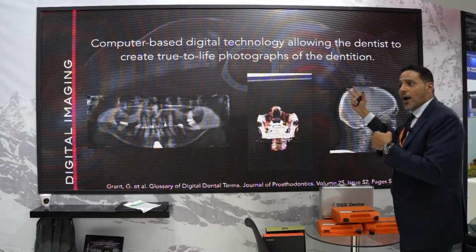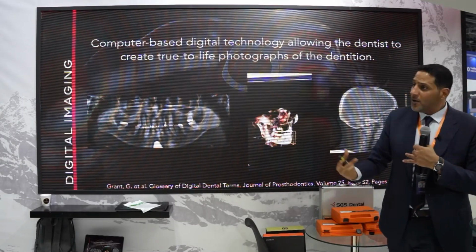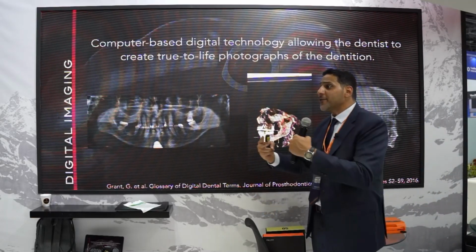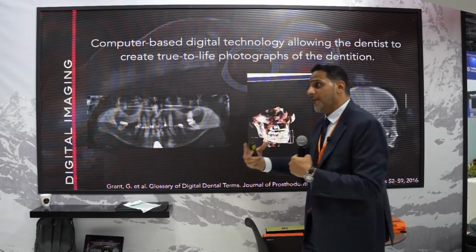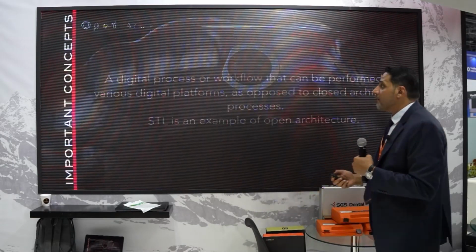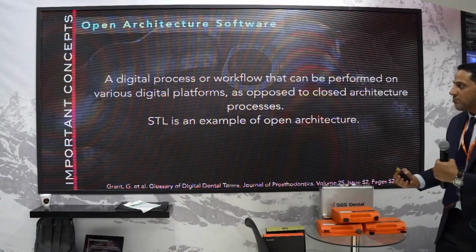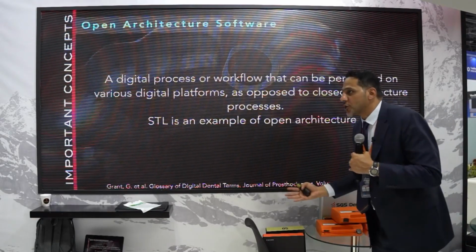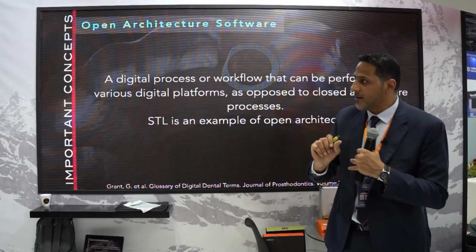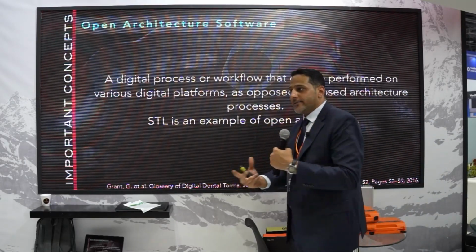The third requirement for the digital workflow, what? Software. We need software. We have two types of software. We have an open one and we have a closed system. The open one, we can use with any implant system. The closed one is for the company. It's like iPhone and Samsung.